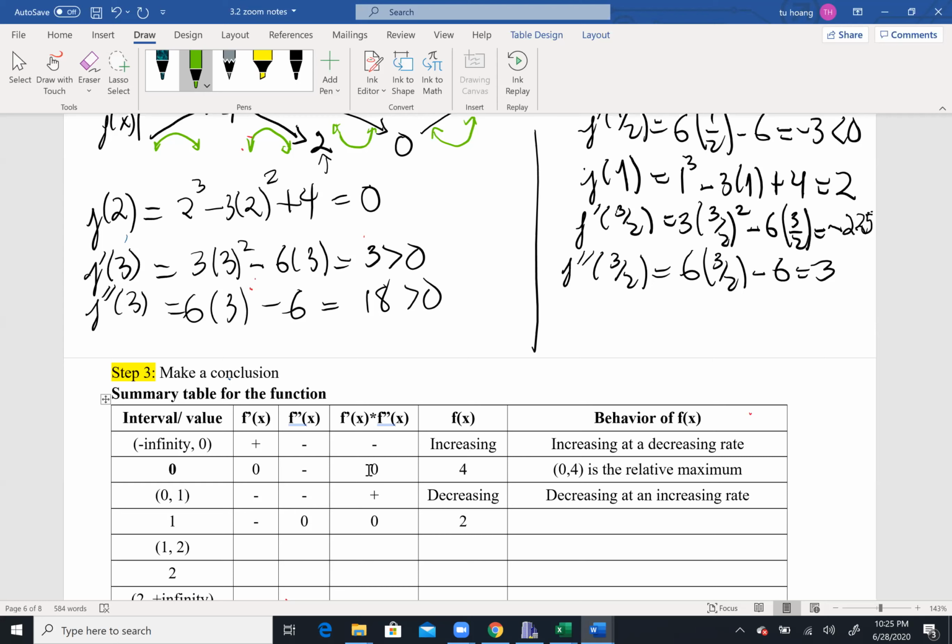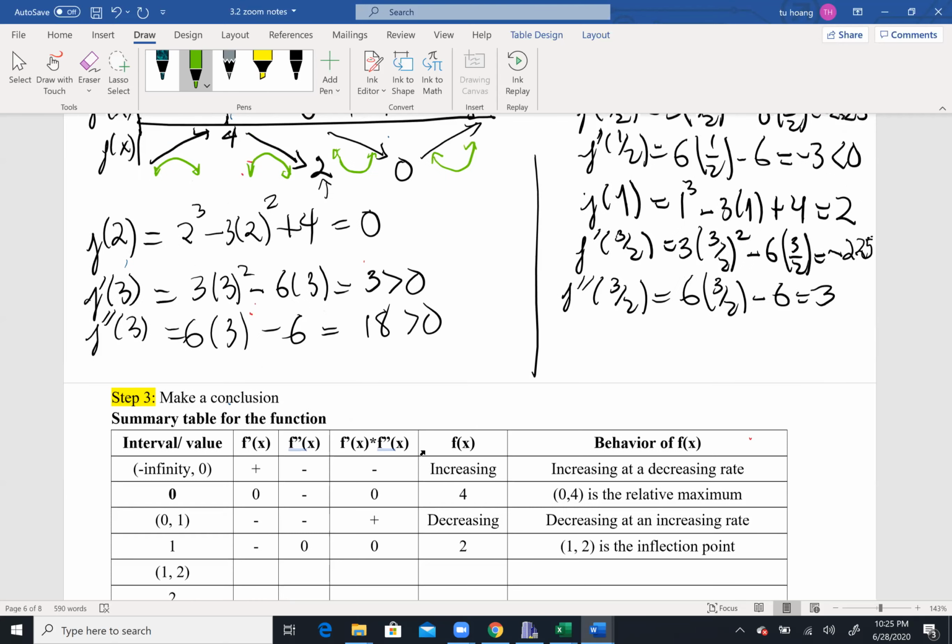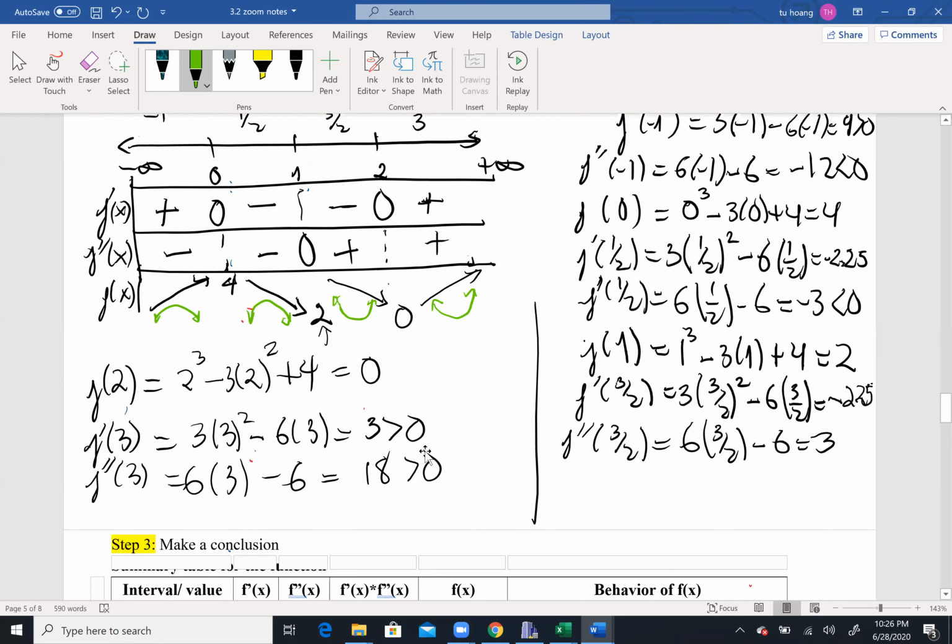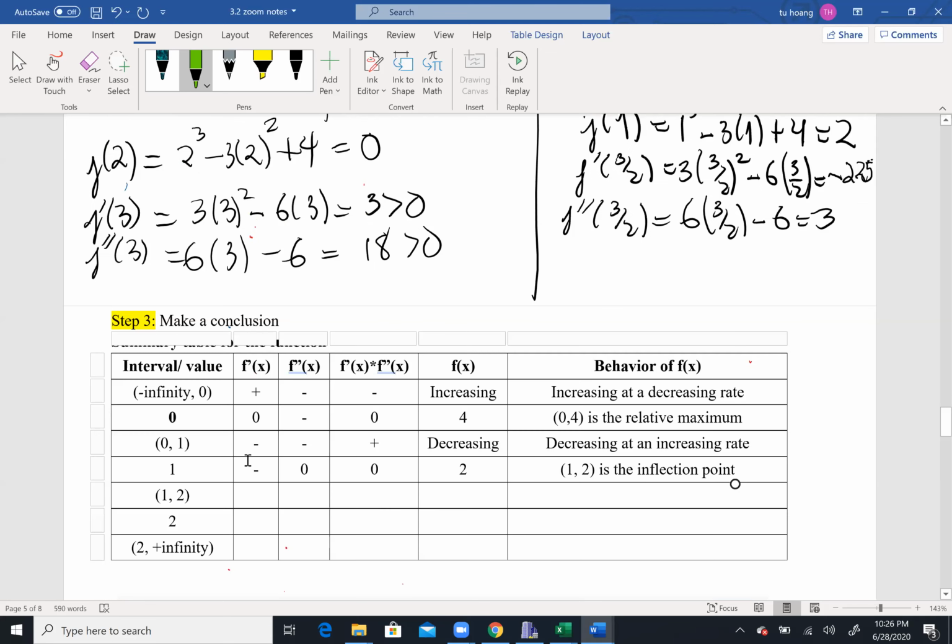And I'm going to say, what's that? (1, 2) is the inflection point. See that? Because you have (1, 2) here, at x equals 1, f(x) becomes concave from concave down to concave up after that.